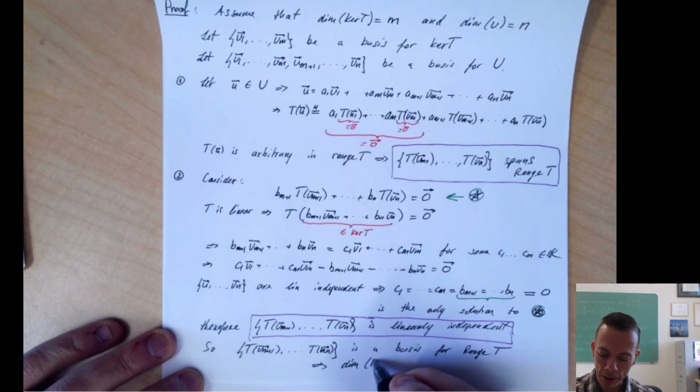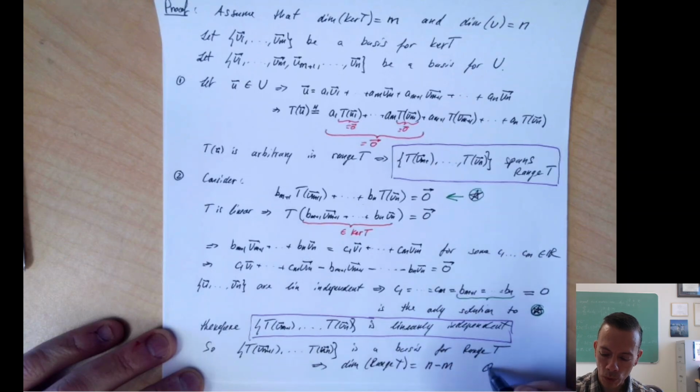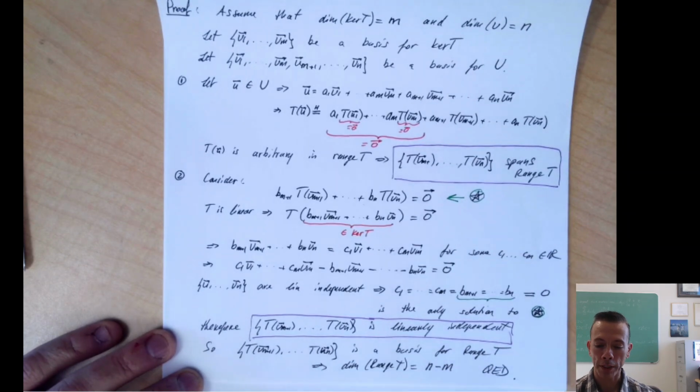Therefore, the dimension of the range is n minus m, and that's what we needed to prove the rank-nullity theorem.